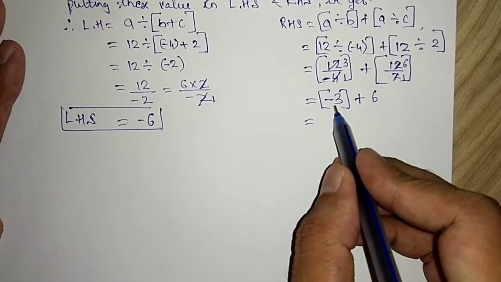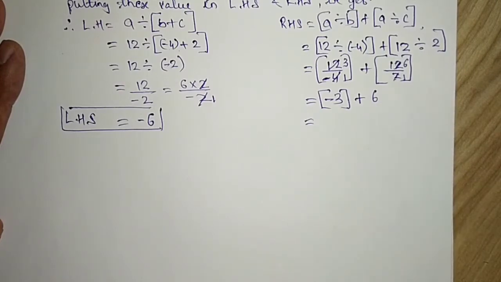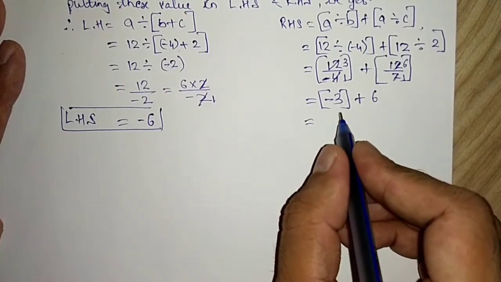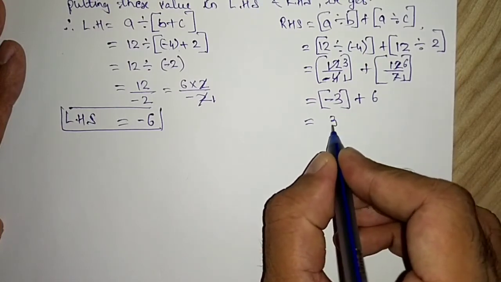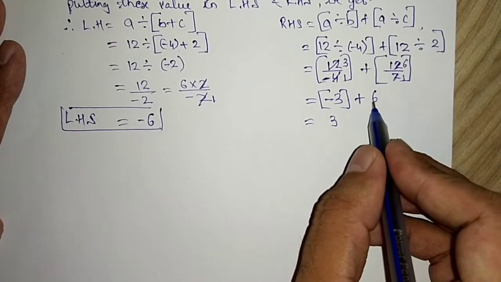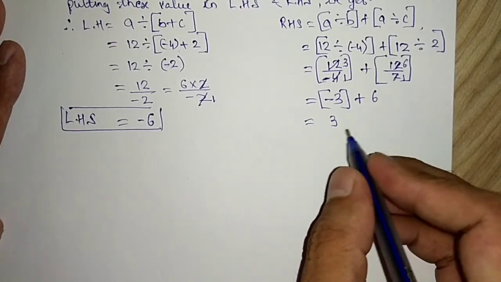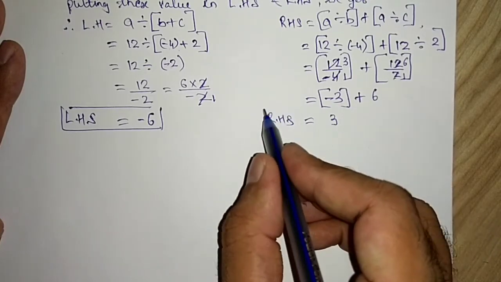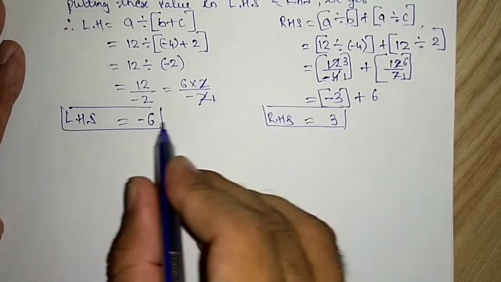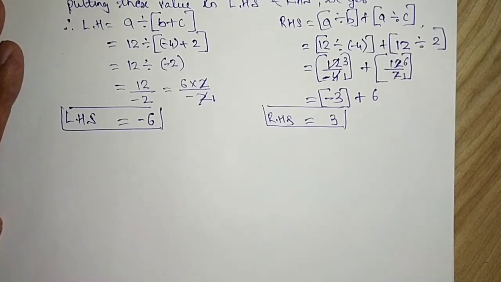Now -3 plus 6, two integers with unlike sign. So we will subtract the numerical values, that is 6 minus 3 will be 3, and give the sign of the larger value, that is plus. So we got RHS as 3. If you see, LHS is -6, RHS is 3.